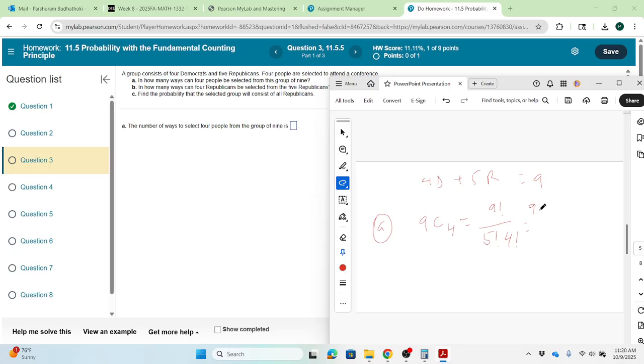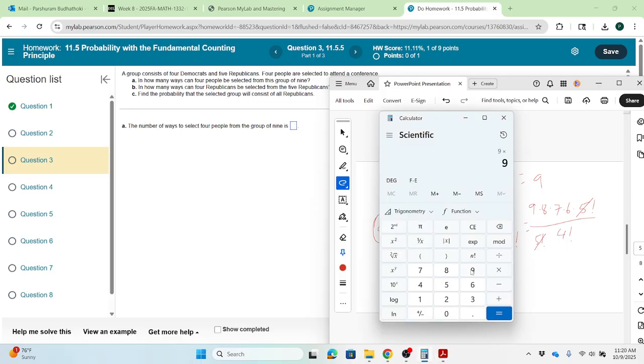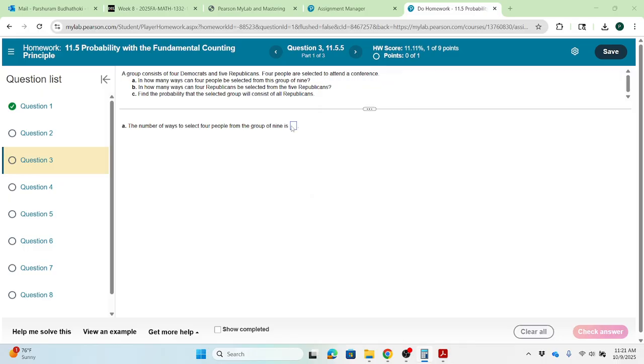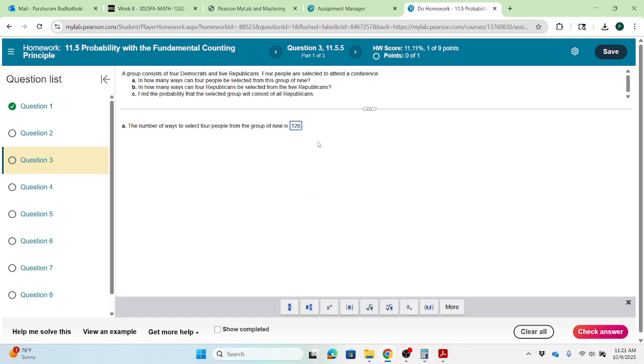It's 9 times 8 times 7 times 6 times 5 factorial over 5 factorial. Remember, 4 factorial means 24. So multiply this and then divide by 24, which is 9 times 8 times 7 times 6 divided by 24. That gives 126 different ways you can make a group of 4 people out of 9.